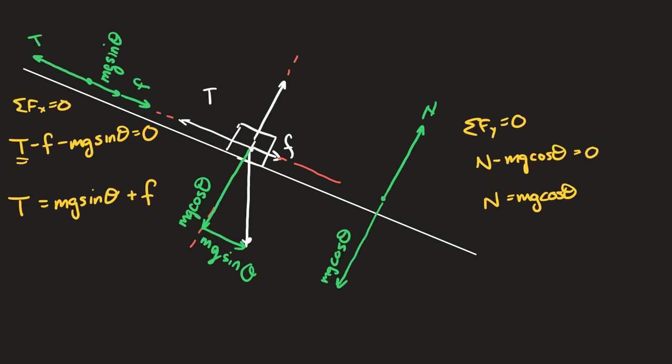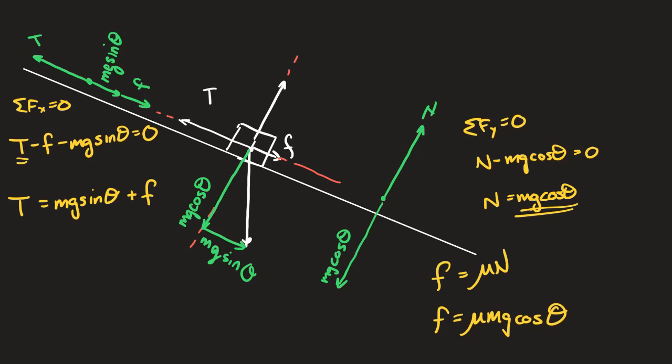Is there a way for me to get friction? There is. Because I know friction is equal to mu times the normal force. Friction is a percentage of the normal force. What percentage? 30%. They gave it to me in the problem. And I have the normal force sitting right here, suggesting that friction equals mu mg cosine theta.